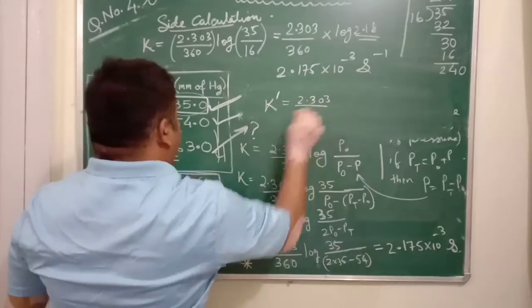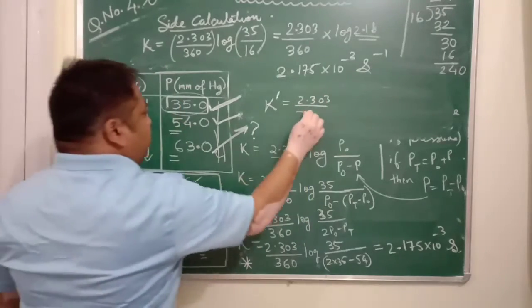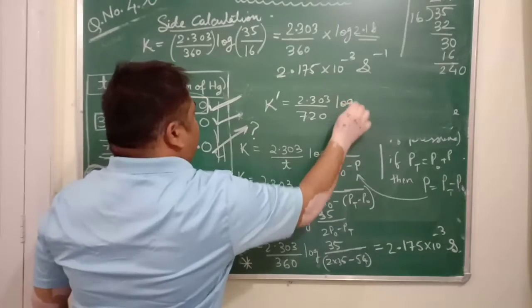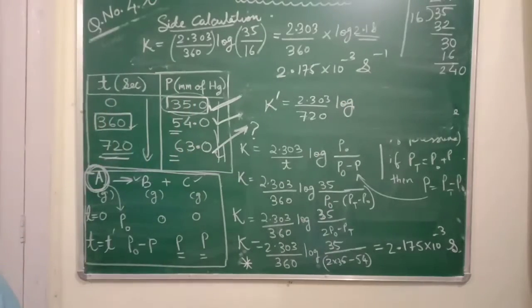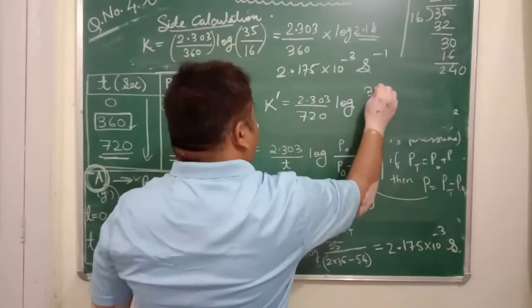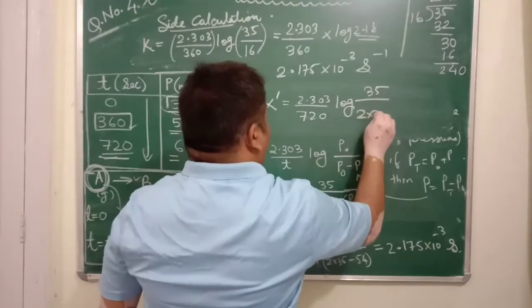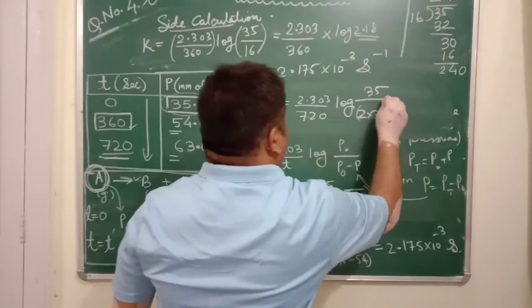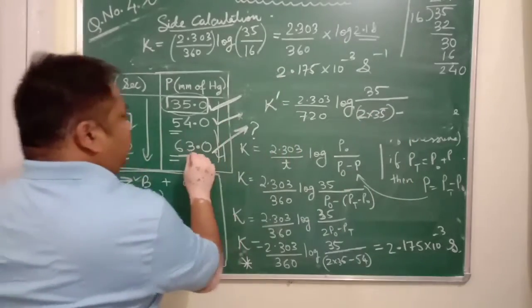2.303 by 720 log initial concentration 35 by 2 into 35 minus P total, which is 63.